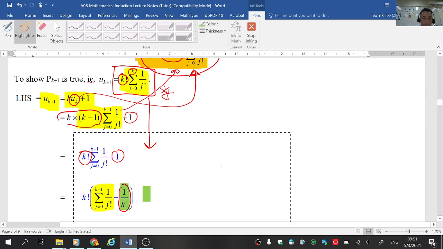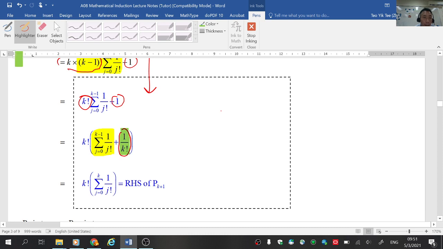They are actually of the same form. I can combine them into a summation from 0 to k, which is actually the right hand side of Pk plus 1.